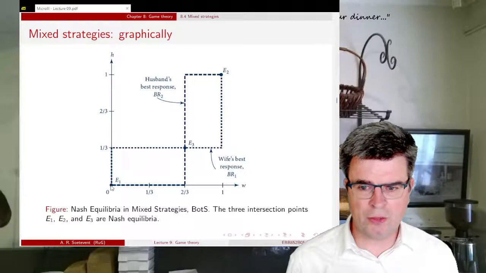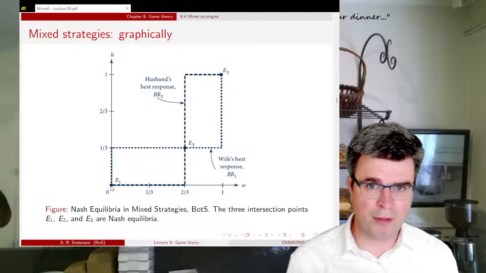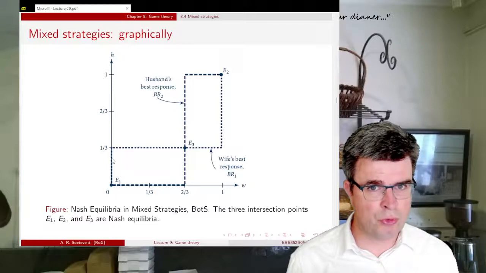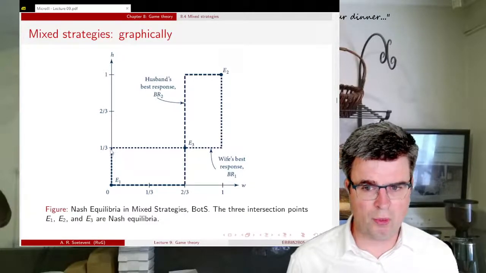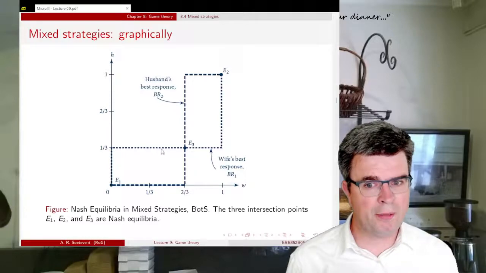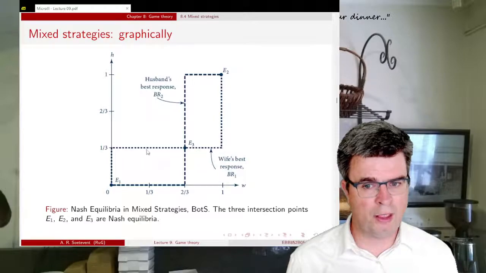If the column player chooses Italy with probability 0, it's optimal for the row player to choose Italy with probability 0 as well. It remains optimal for the row player to choose PR equal to 0 as long as PC is smaller than 1/3. When PC is exactly 1/3, the row player is indifferent between choosing Italy, Sweden, or anything in between.